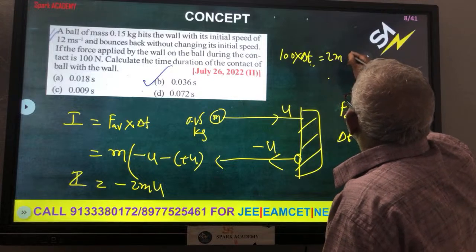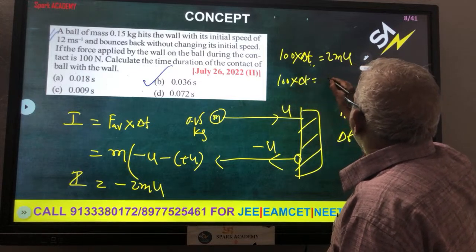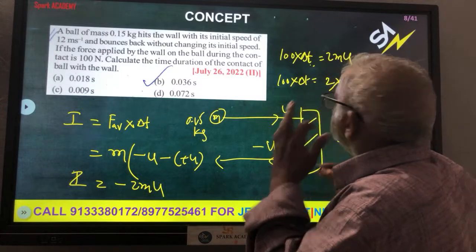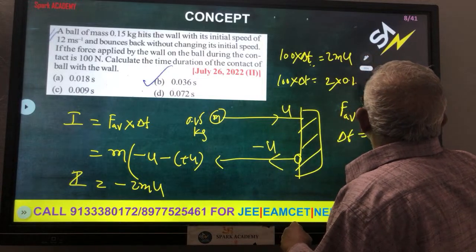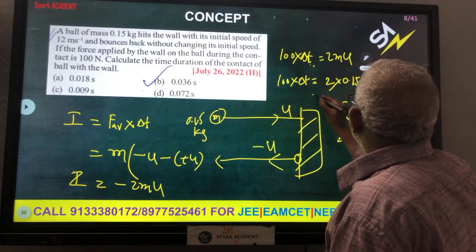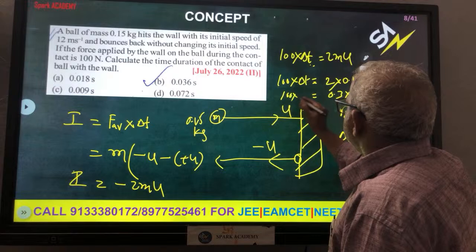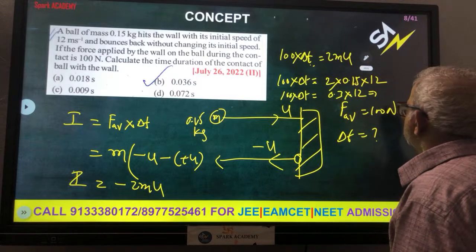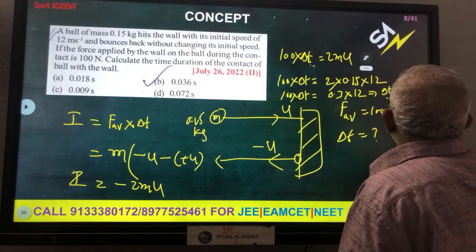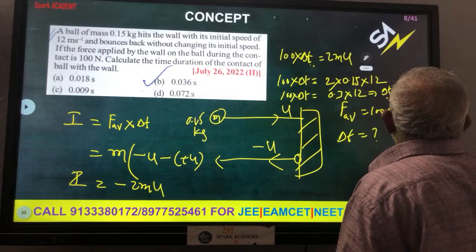So 100 into delta T equals 2 times the mass of the ball, 0.15 kg, times the velocity 12. 2 into 0.15 is 0.3, into 12. So delta T is 3.6 divided by 100.